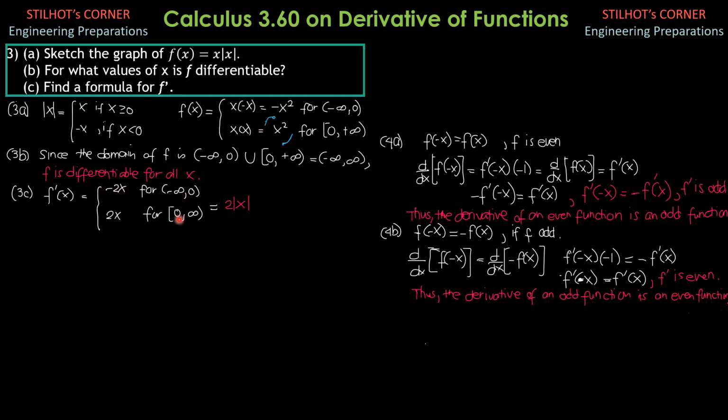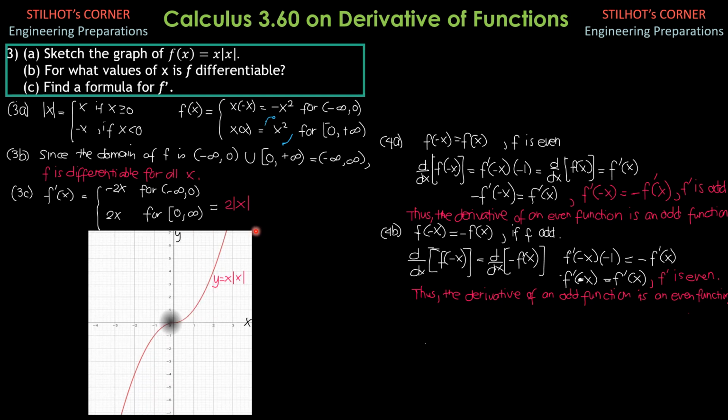This is always positive for this interval, so that's why we have 2 times absolute value of x, the formula for f prime. Then this is the graph: y equals negative x squared from negative infinity to 0, and this is the graph of x squared from 0, including 0, to positive infinity.